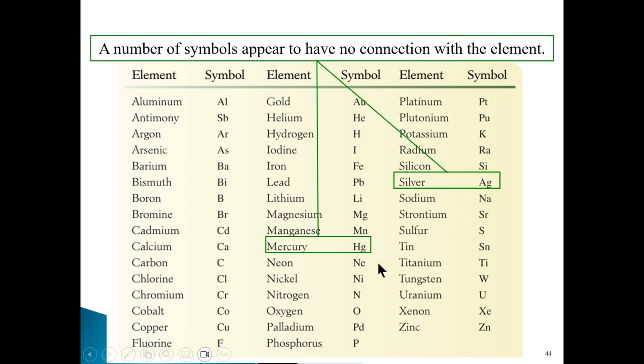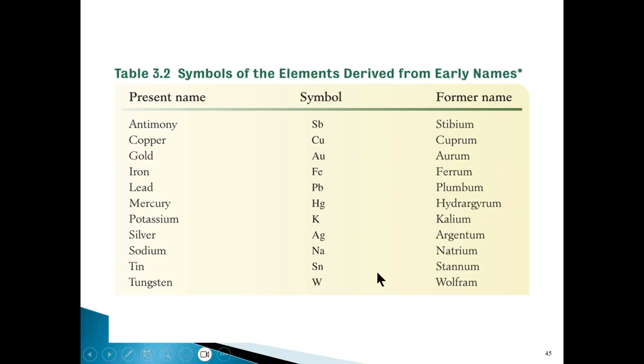And the reason for that is because the initial names of such elements were different from the names that we now know in English. So, for example, the present name of this element is antimony. The symbol is Sb, and that's because its previous name was stibium. Or in the case of copper, where the symbol is now Cu, the reason is that the initial former name is cuprum, and we can see some other examples in this list right here.